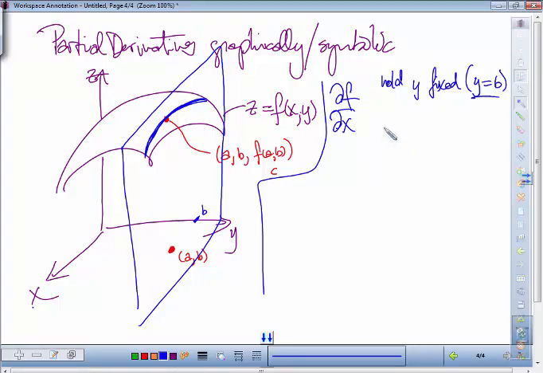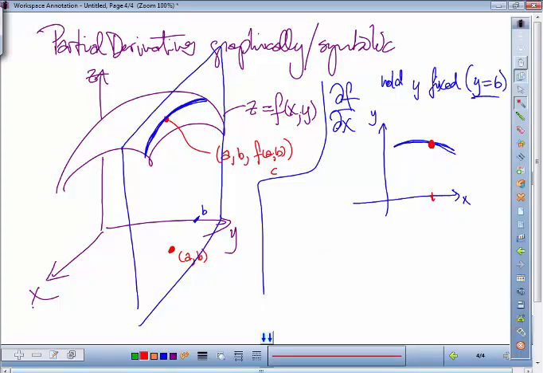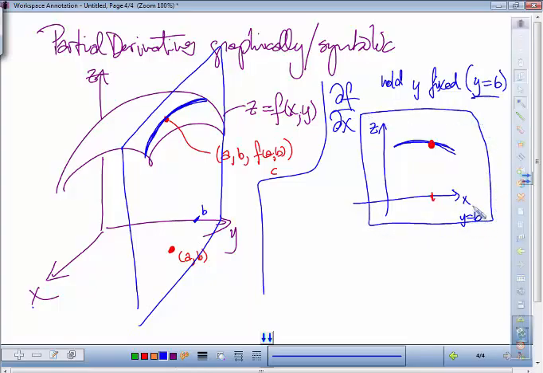Now let's take a look at this from a two-dimensional point of view. I'm just guessing it kind of looks like this, maybe. Oops, I labeled my axis wrong. So this isn't exactly the YZ plane. This is the plane y is equal to b.